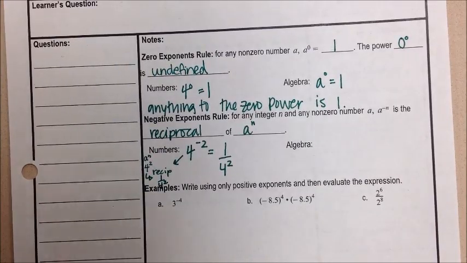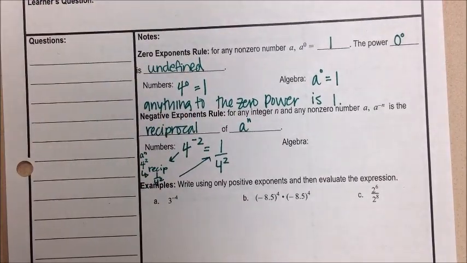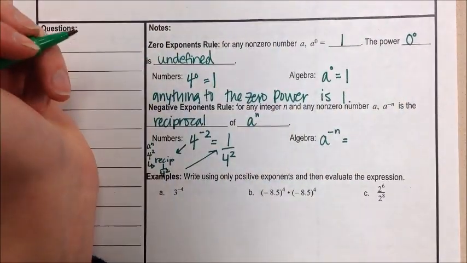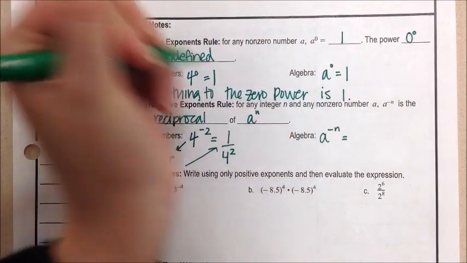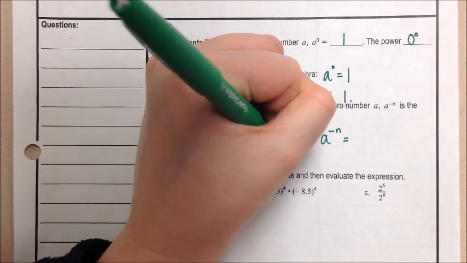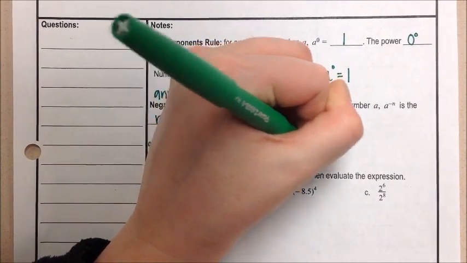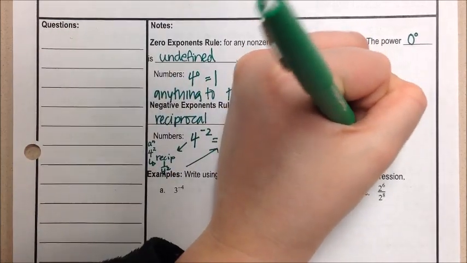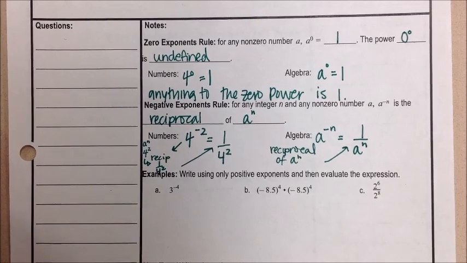In algebra, the reciprocal of a to the n is 1 over a to the n.